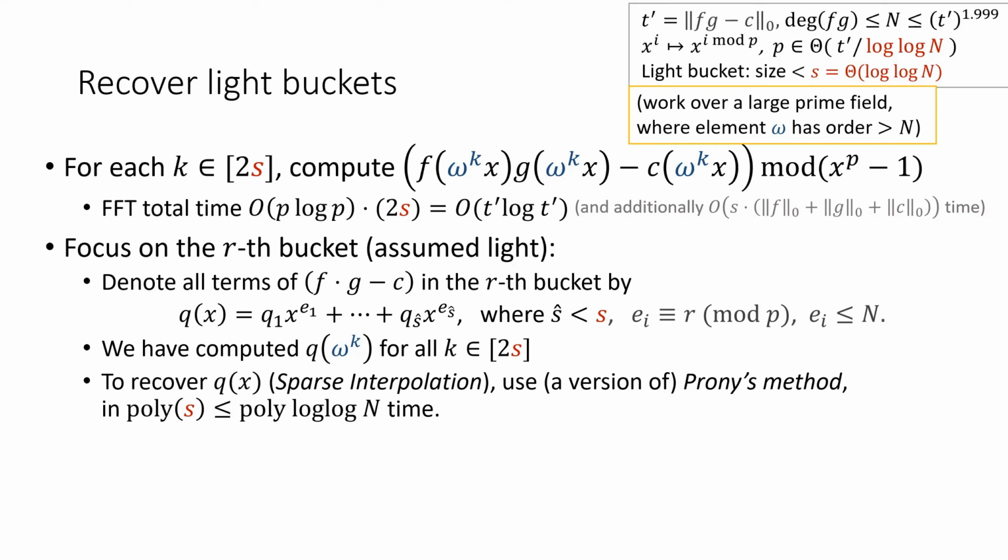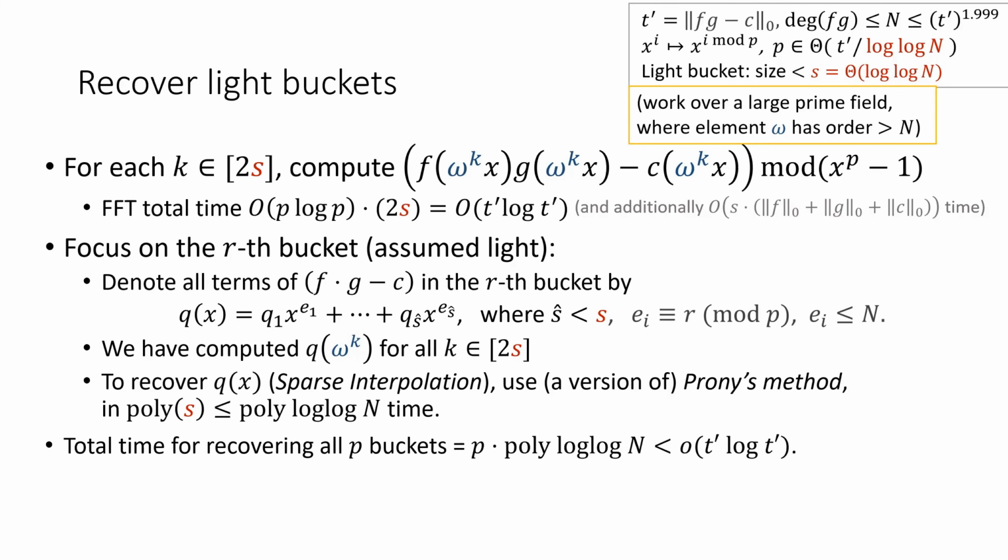This task is called sparse interpolation, and it can be done using a version of Prony's method. Prony's method is a general framework for the sparse interpolation problem, and by instantiating it carefully, we can recover q of x in polynomial in the number of terms time, where the number of terms is s, so the time is actually poly log n. The total time for recovering all the p buckets is strictly smaller than t prime log t prime, which is not a bottleneck.